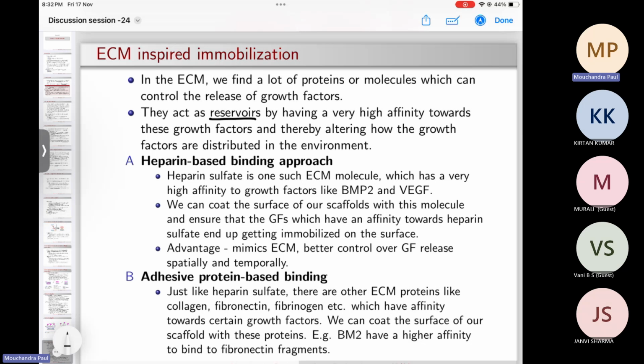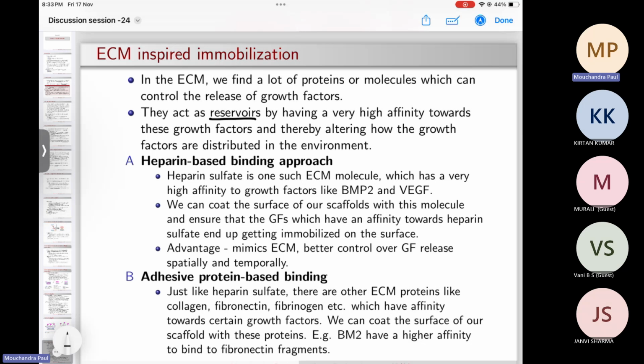Taking this knowledge in hand, of how growth factors in the nearby environment adhere on the ECM, and mimicking this mechanism in vitro, we can immobilize our growth factors. The first approach in this method is using heparin sulfate.